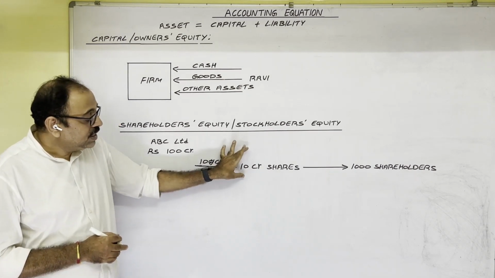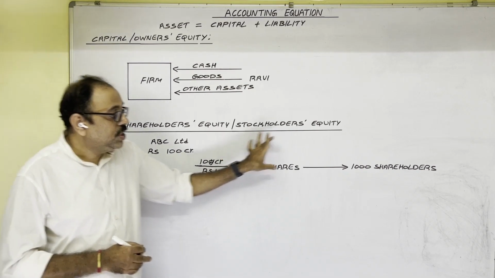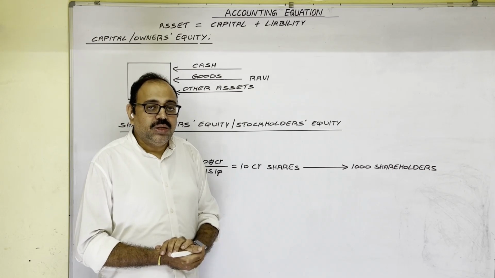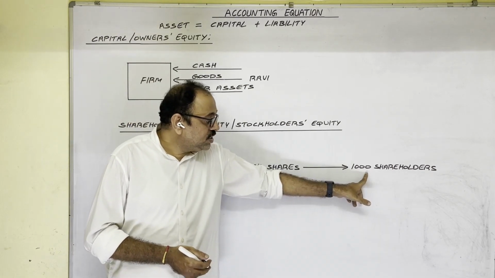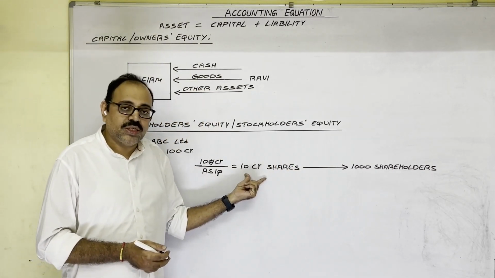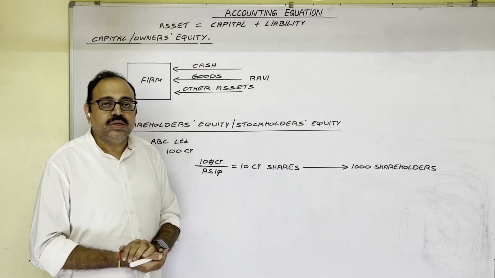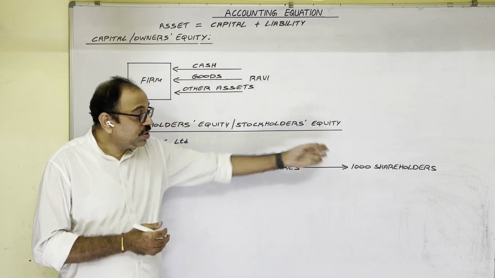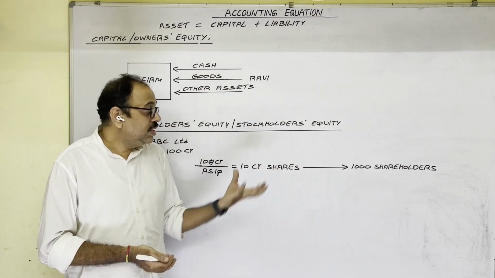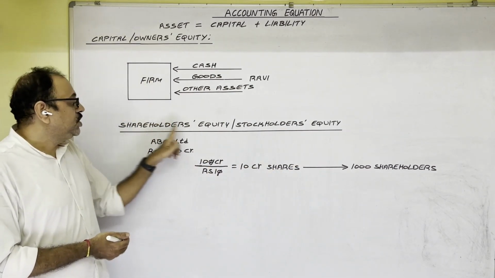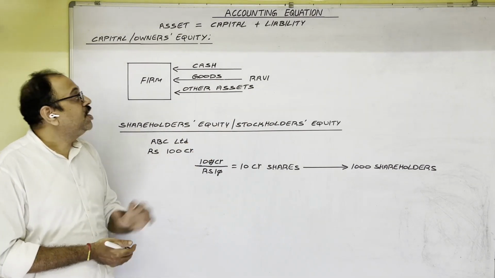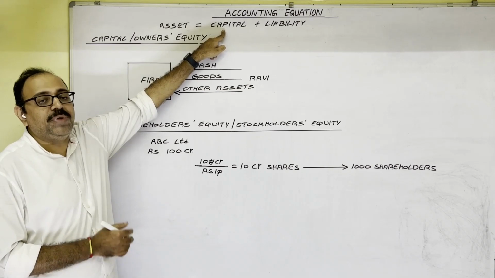And the company sells these 10 crore shares to shareholders, to the public, to investors. Assume 1000 investors purchase these 10 crore shares by paying some amounts. Here, capital is brought into the company by the shareholders. Therefore, this capital is known as shareholders equity or stockholders equity. So this is all about the second element, capital.